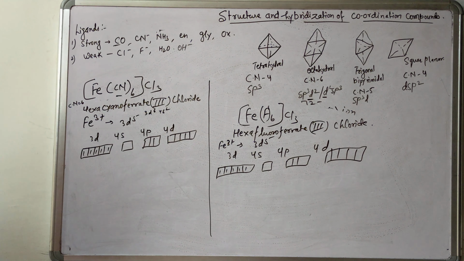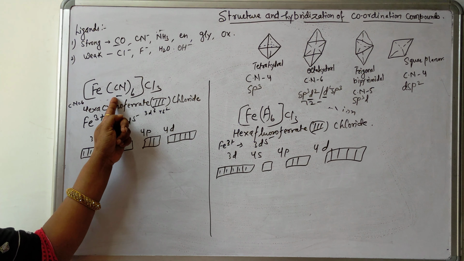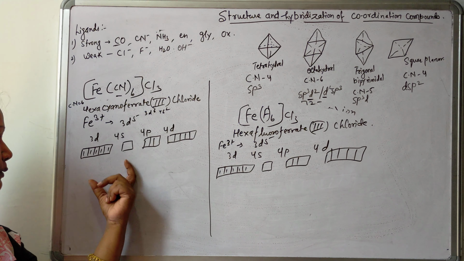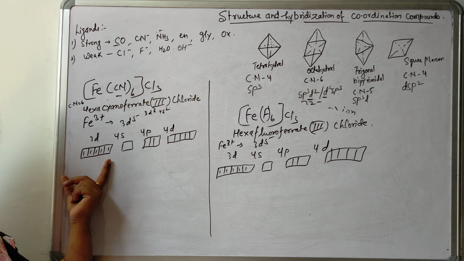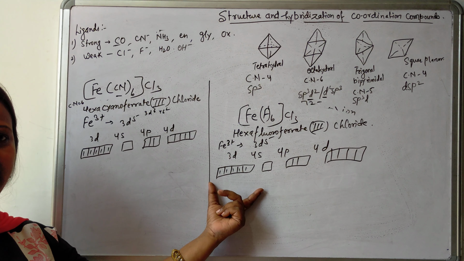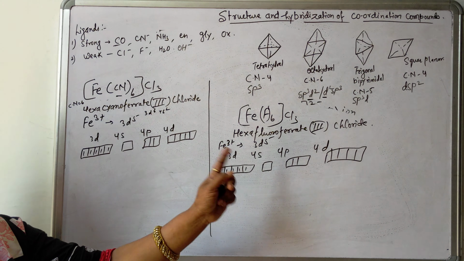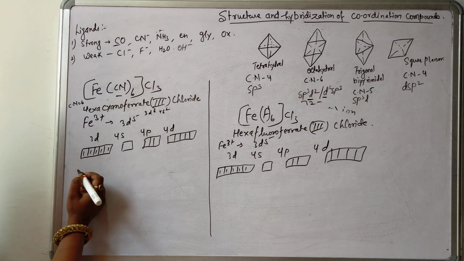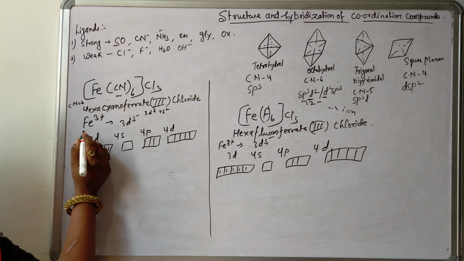Now look, CN is a strong ligand, F is a weak ligand. CN will push the metal electrons to pair up against Hund's rule. Okay. And fluoride is the weak ligand, so it will not push the metal electrons to pair up against Hund's rule. Okay. Then the next configuration, I am writing the structure here.